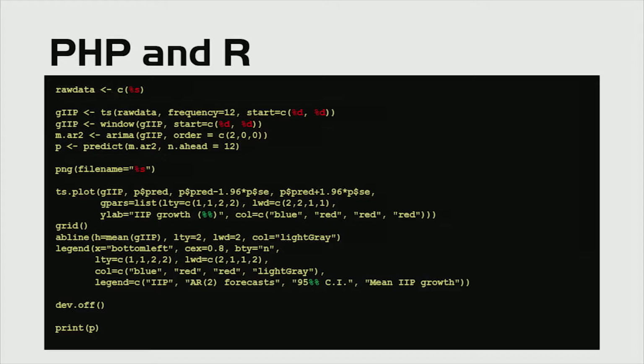The only slightly different thing I'm doing here is using the PNG function and then the dev-off, which means that it will write the chart to a file that I can access subsequently, because I can't display the chart in plain text. And if I'm using exec, I'm going to be getting plain text. And I've put some placeholders in here for sprintf.